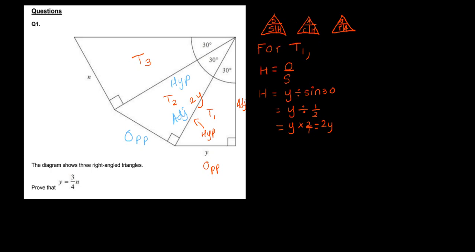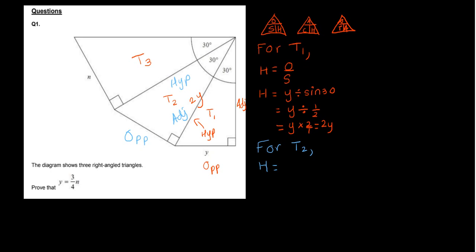Right, let's do this one in blue. So for triangle 2, again I'm finding the hypotenuse, but this time I'm using cos. So I cover the hypotenuse as adjacent divided by cos.